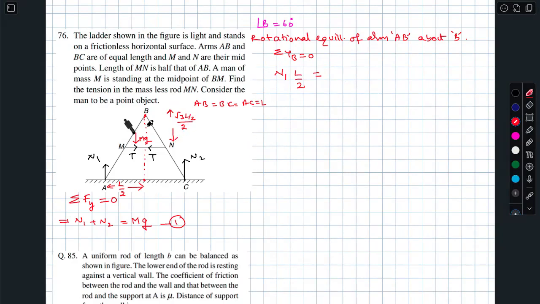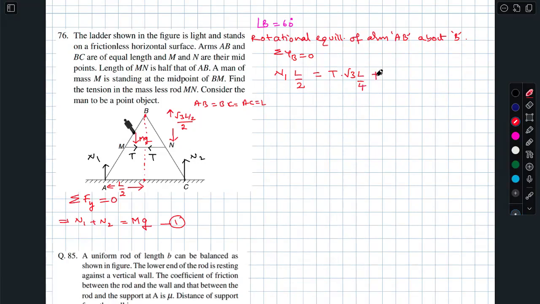If it were vertical, I would have written √3 L by 2. But this is L, this is L sin theta, and half of that. Half of L sin 60, that is L by 2 times √3 by 2. So therefore, tension times √3 L by 4 plus.